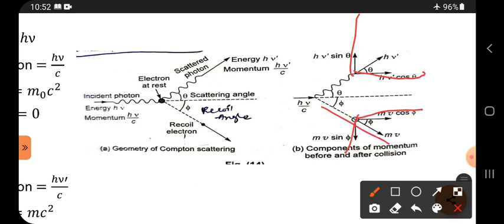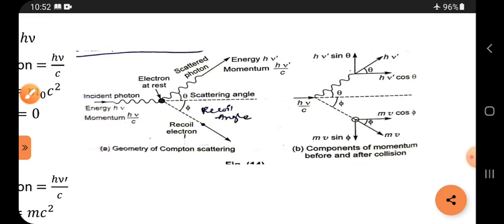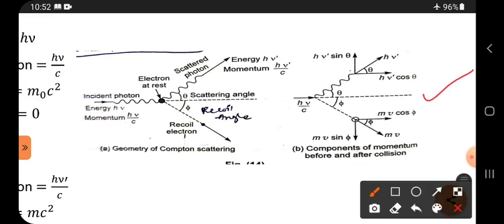So this is resolved like this, along x and y. This is after collision, and before collision, the momentum is this plus, and here it is at rest, meaning 0. So these two are taken. After collision, along x direction, this one comes and this one comes, with cos theta and cos phi.